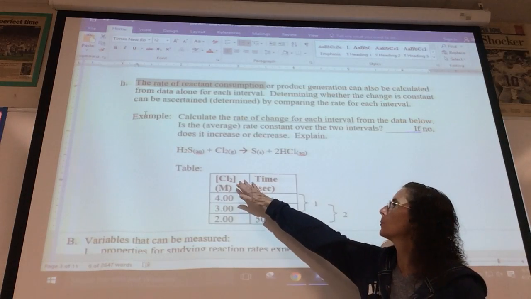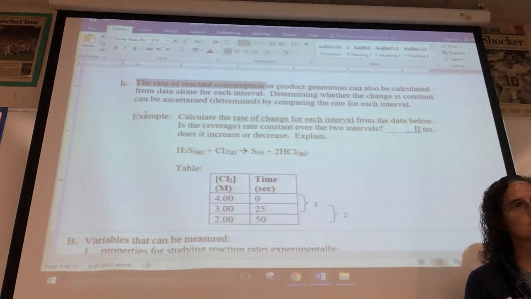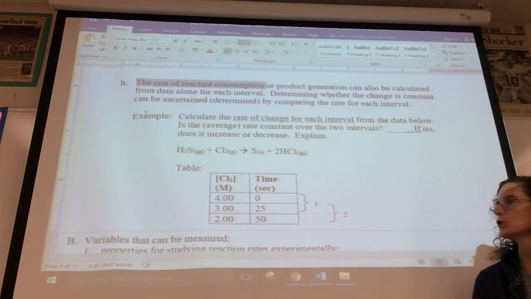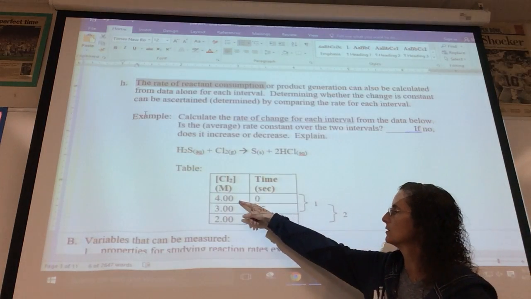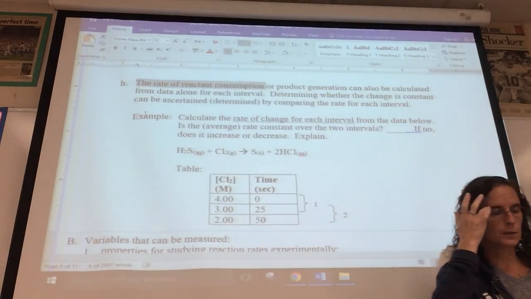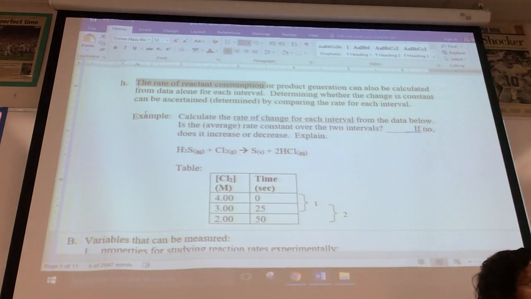So if I gave you a product such as sulfur, its concentration would increase over time. So that's one observation you can make. So chlorine's concentration is decreasing over time. And we can determine the rate at which chlorine disappears over time doing the following.